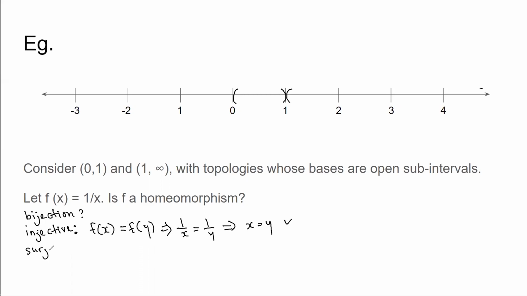Now, is it surjective? Well, in order to be surjective, I need every element in (1, infinity) to have a preimage. So is there any element in (1, infinity) that I miss? Well, let's say I have x in (1, infinity). Then is x equal to f of a for some a?